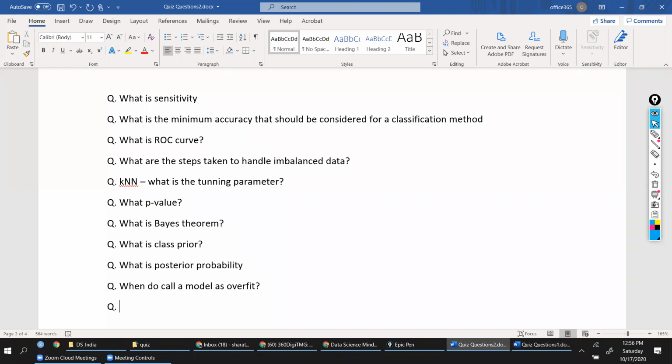It is also known as a predictability measure. So how well can I predict the variations in Y given the set of input variables? That's your R squared.